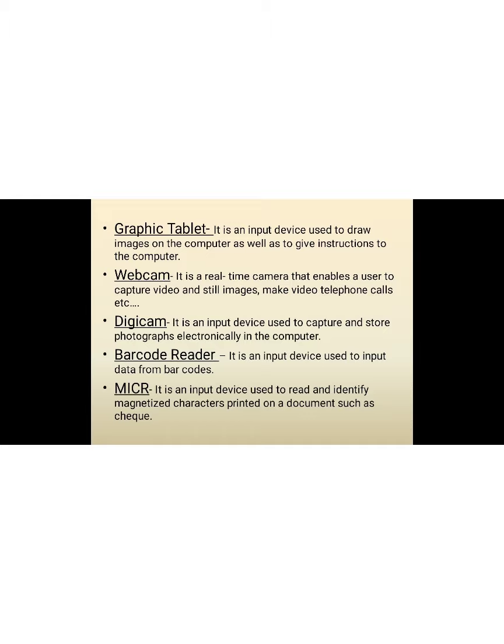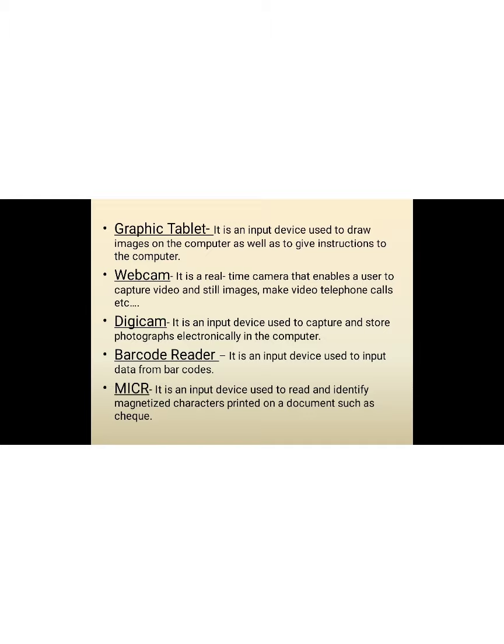Graphical tablet. It is an input device used to draw images on the computer as well as to give instructions to the computer. Next term is webcam. It is a real-time camera that enables a user to capture video and still images, make video telephone calls, etc. Next term is digicam.